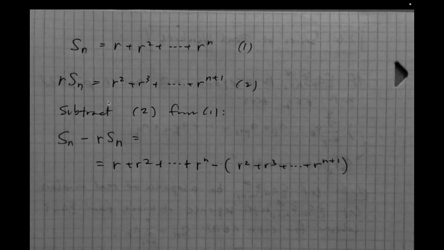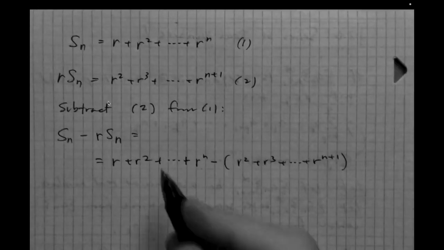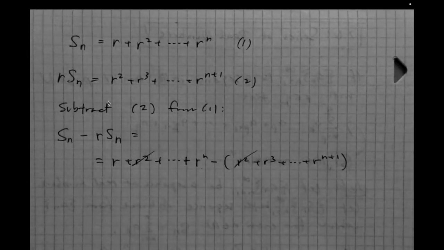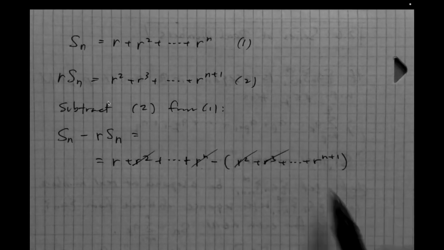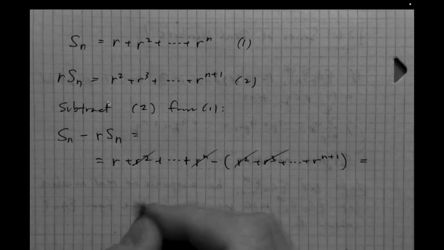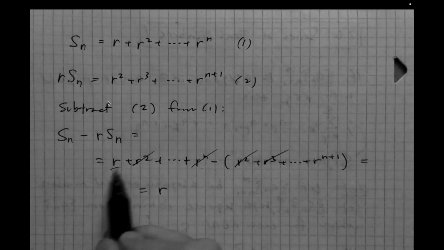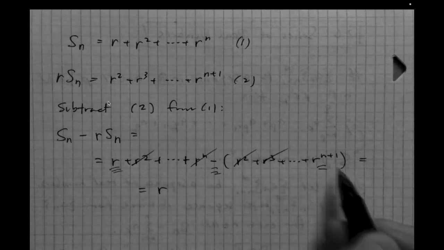If you look at this, the r squared terms are going to drop out. The r cubed terms are going to drop out. The r to the nth power is going to drop out. And what I'm left with here is r minus r to the n plus 1.